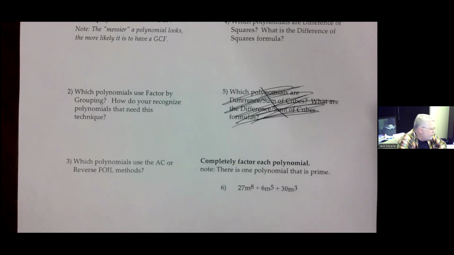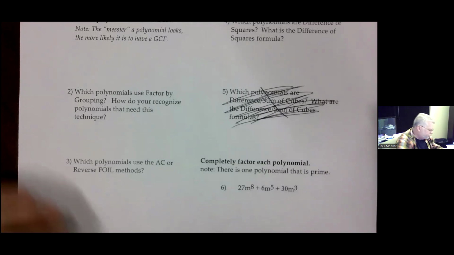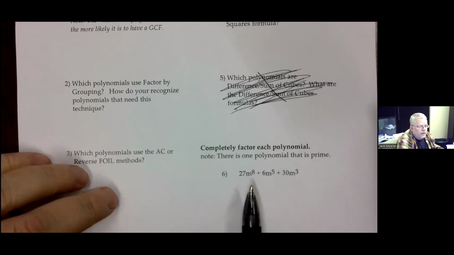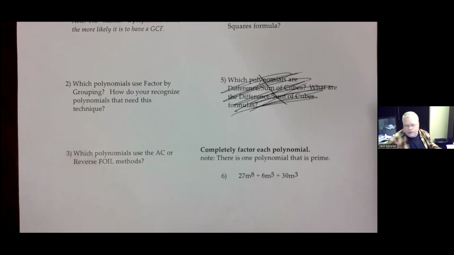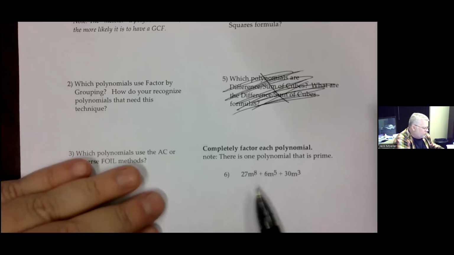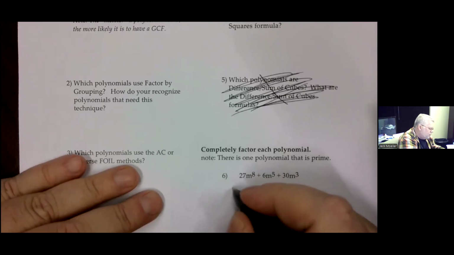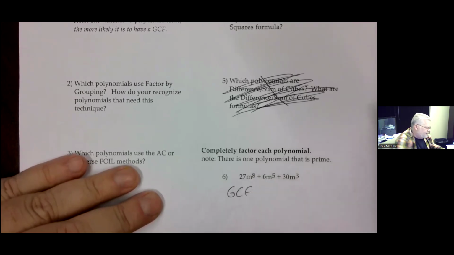So first, is there a GCF? When you look at number 6, 27m to the 8th plus 6m to the 5th plus 30m cubed, is there something common to all three of those? Notice that's a trinomial, but remember GCF could be any polynomial. The first thing I see is there's an m in all of them, so there is definitely a common factor.